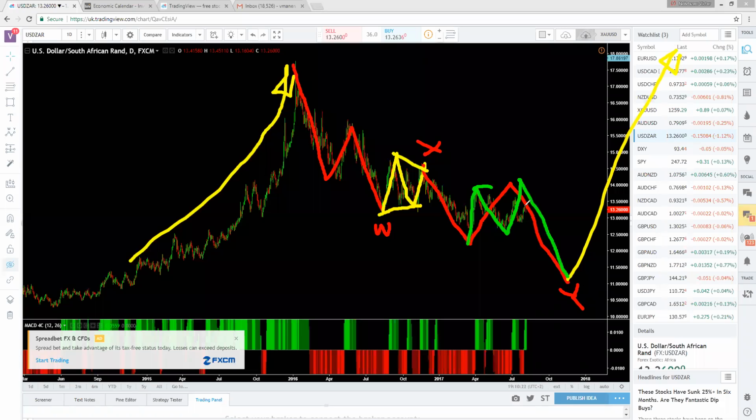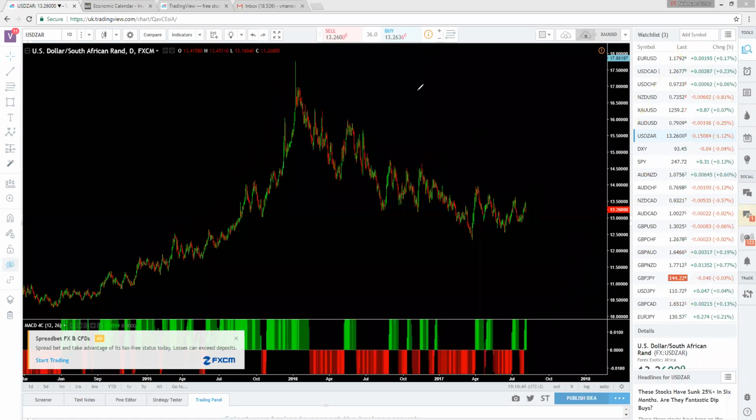So this is why I was not panicking when the ZAR was going up. I actually said that we were going to get a pullback on the ZAR, anticipating this move. The last 2 weeks, we were anticipating this move. Okay, let me bring on the labeling.